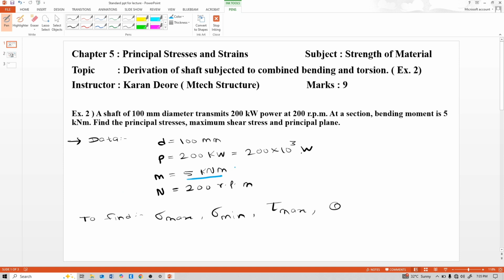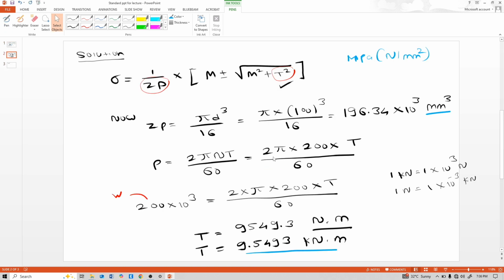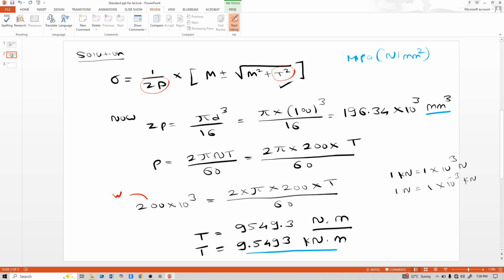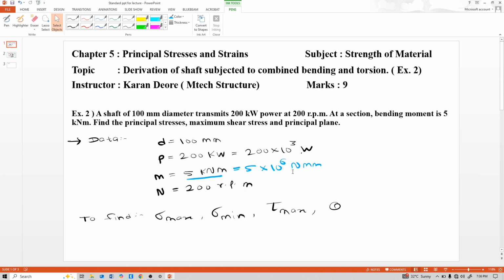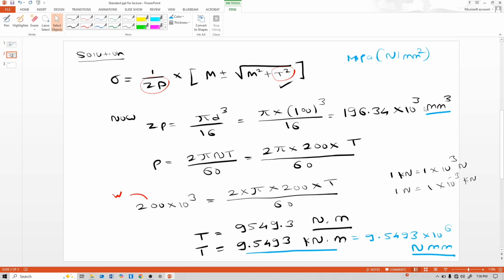So we need to put the moment in Newton mm, 5 into 10 raised to 6 Newton mm, and this is 9.5493 into 10 raised to 6 Newton mm. So that's why units are similar, Newton mm and mm cube.